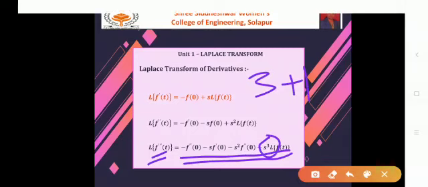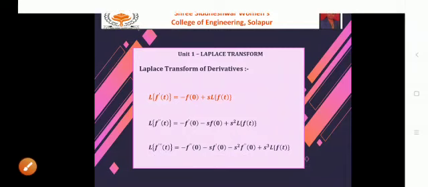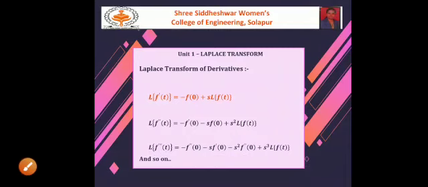So in these results, only the last term, where we multiply the Laplace transform of the original function by the corresponding power of s, is positive; otherwise the remaining terms have a negative sign. And in this way we can find the Laplace transform of any order derivative of the given function of t.